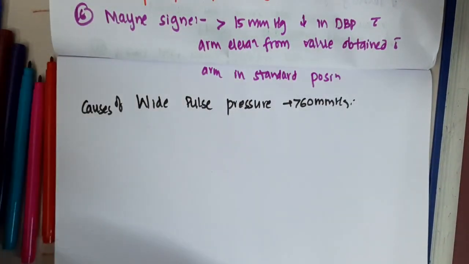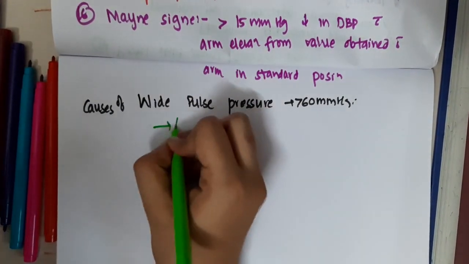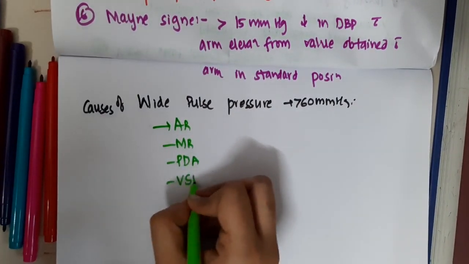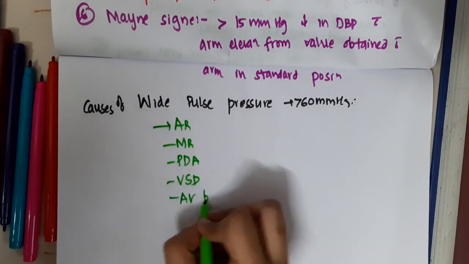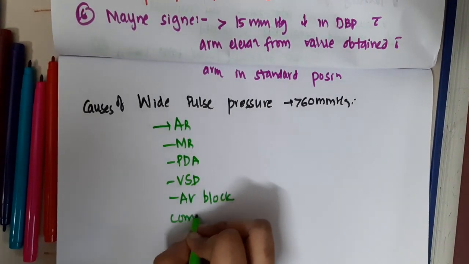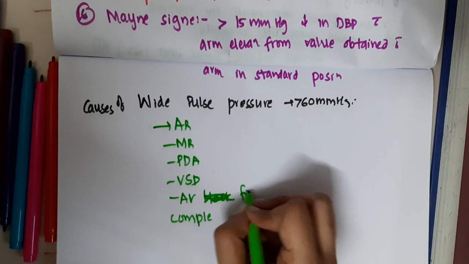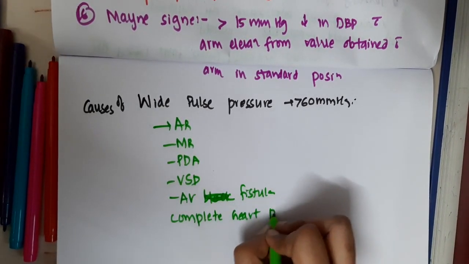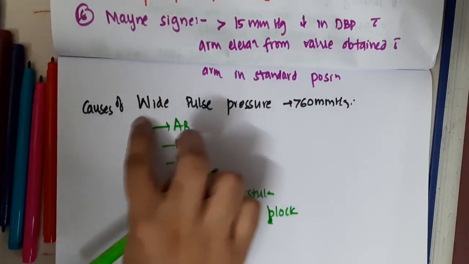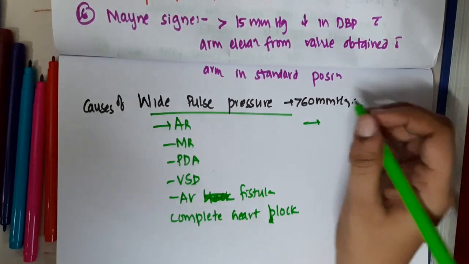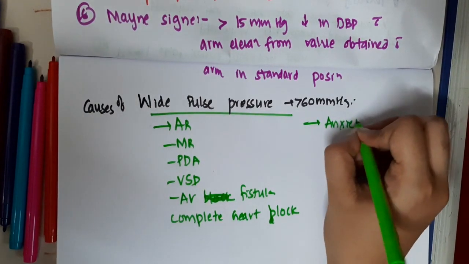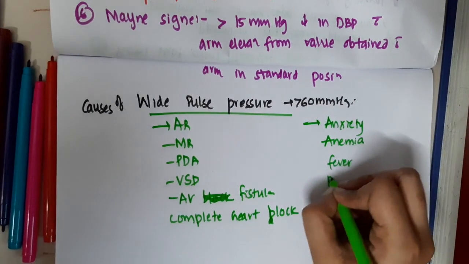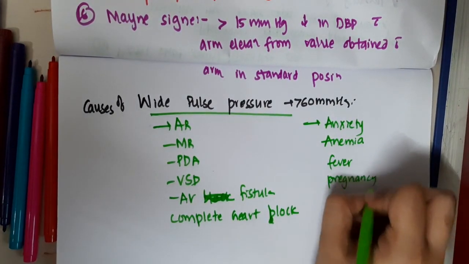It is seen in aortic regurgitation, mitral regurgitation, patent ductus arteriosus, ventricular septal defect, AV fistula, and complete heart block. These are the pathological conditions which cause wide pulse pressure, and it also occurs in physiological conditions like anxiety, anemia, fever, pregnancy and exercise.